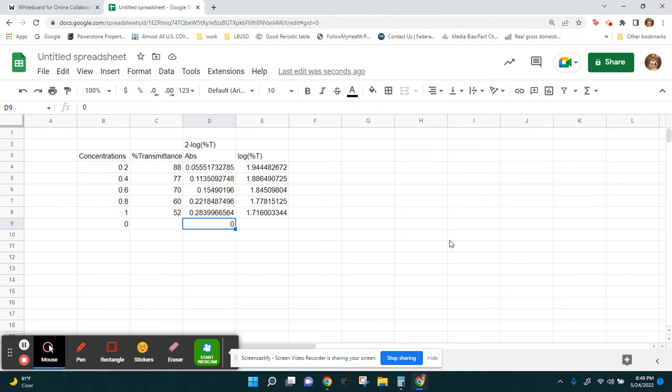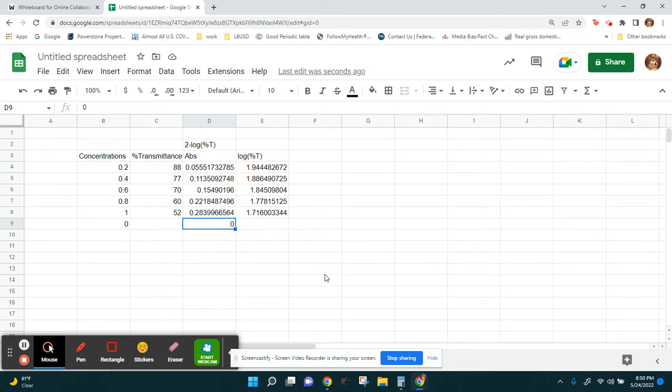You zeroed the spectrophotometer with a blank, with just water, every time you took a reading. So when there is no concentration, there is no absorbance, right? That's where you set the absorption at 0, or percent transmittance at 100, basically.